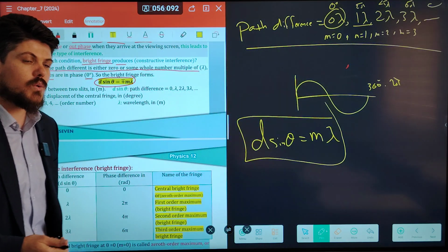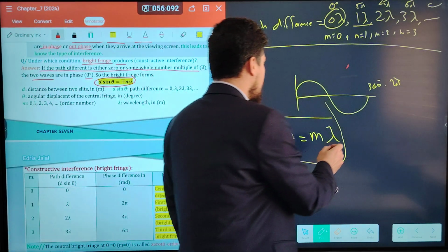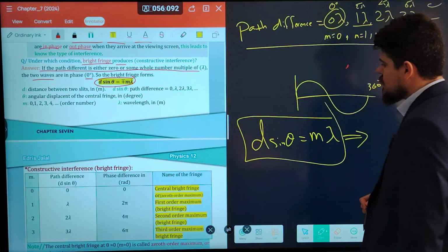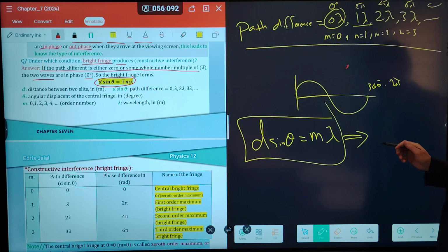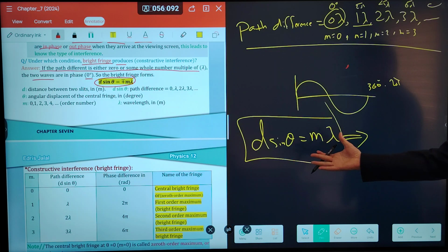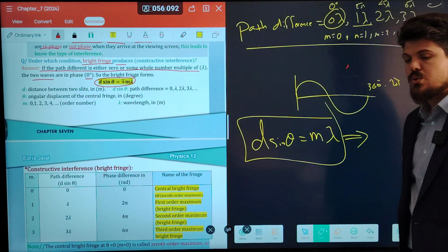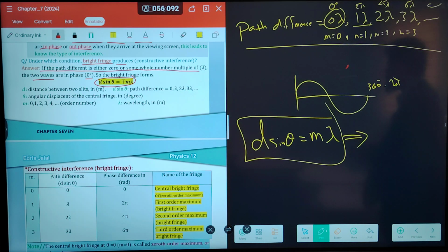This equation is very important to solve questions to determine the distance between the two slits, the angle of diffraction or the angle of the pattern of the bright fringe, the order number, or the wavelength. This is the equation of bright fringe.